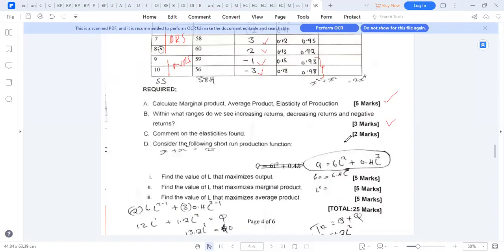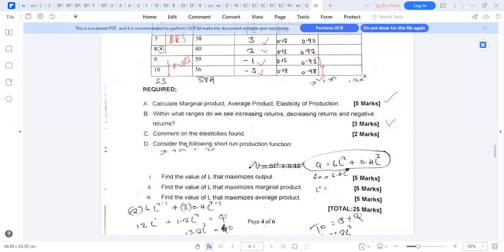We're given Q is equal to 6L squared plus 0.4 L cubed. We're being asked to find the value of L that maximizes output.